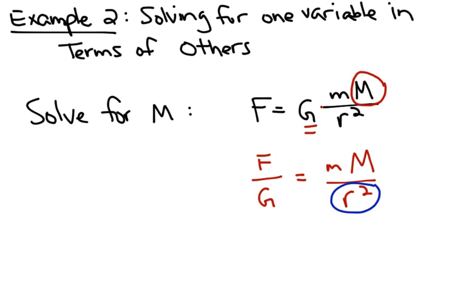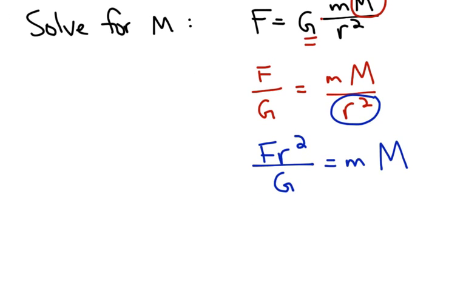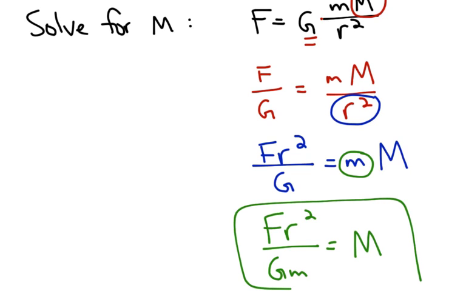The opposite operation on the other side would be multiplying it. Last but not least, I want to get rid of little m because I want to solve for big M. Since this is being multiplied on the right-hand side, you would divide it on the left-hand side. And this would be the equation solved for capital M.